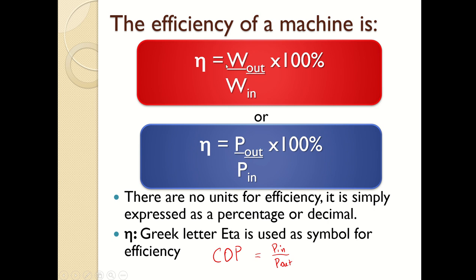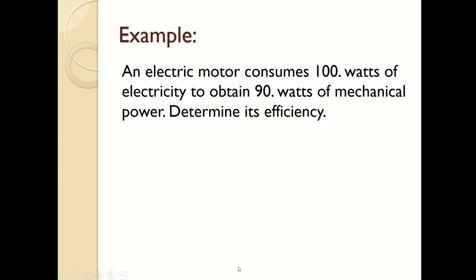But any other transfer of energy is always going to be less than 100%, unless you're talking about the COP, which is always going to be greater than 100%. You're always going to get ratios over 1, whereas with efficiency, you're going to get ratios less than 1, so it's always going to be point something. So if you see something that says efficiency is greater than 1, they're not talking about efficiency, they're talking about the coefficient of performance.